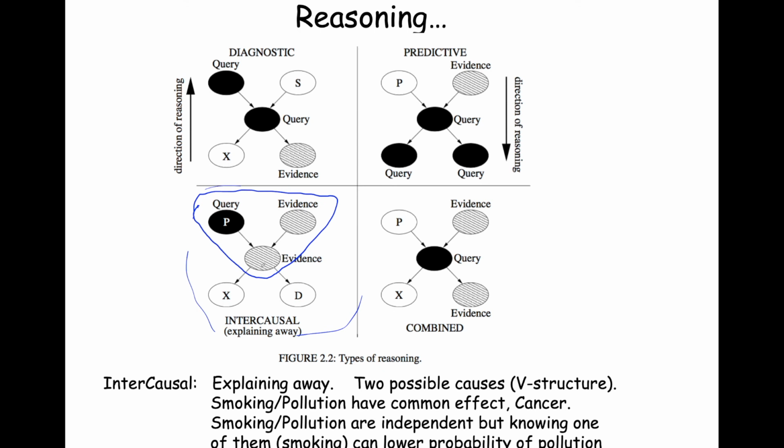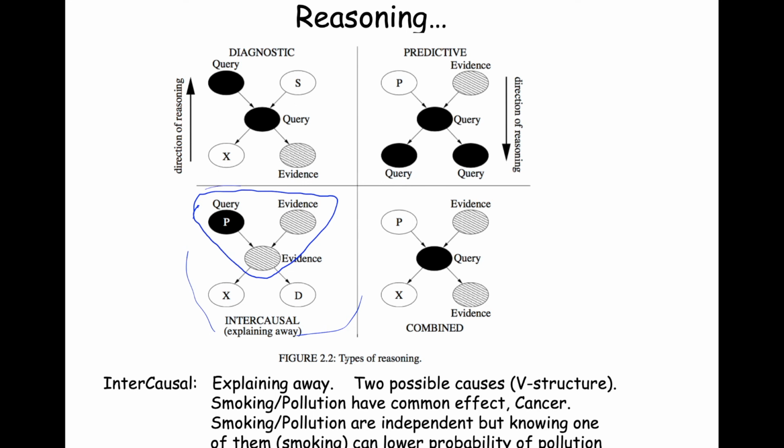And then you want to see, okay, what's the impact of smoking status on the pollution. And so you have two possible causes. Smoking and pollution have a common effect, namely cancer. And smoking and pollution are independent of one another, given some evidence on cancer, and you don't know which one of them can lower the probability of pollution exposure. Is it cancer or is it smoking?